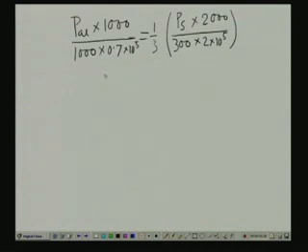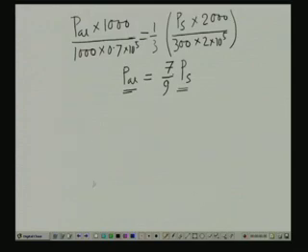And this gives us a relationship that P aluminum is equal to 7 by 9 times P of steel. So, this is another relationship we got between P in the aluminum and P in the steel.